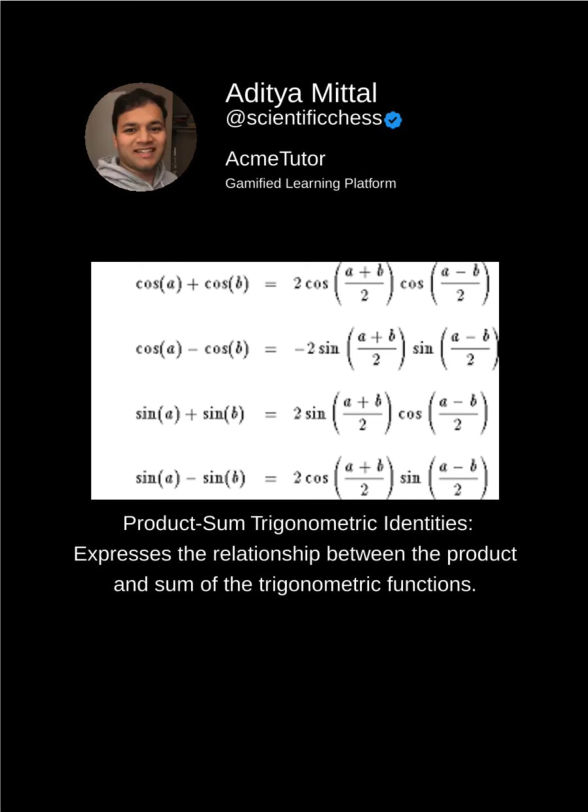But the first term will be a plus b over 2, and the second term will be a minus b over 2 when you're doing these identities. And the only time you're going to put a minus 2 in front instead of a positive 2 in front is when you're subtracting the cosines. So that's a little bit more to remember, but you can do it if you would like to. And these are actually pretty useful identities to know.